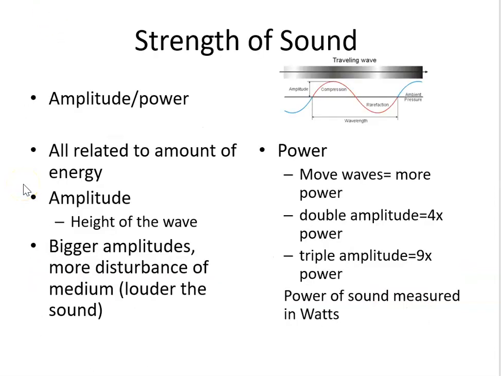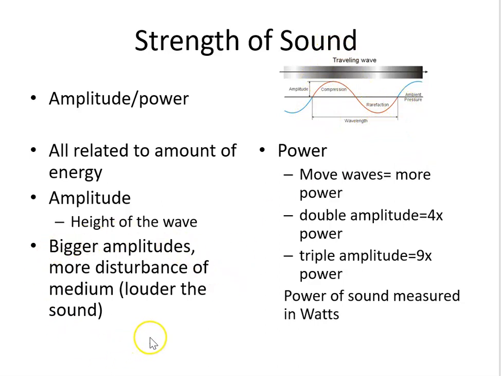Okay, so some of the features of waves that we need to briefly consider, and that's the strength of the sound. And this is the amount of energy that a wave will carry, and that can be measured in watts. So this is related to the amplitude of this wave. So a high energy wave will have a greater amplitude here.